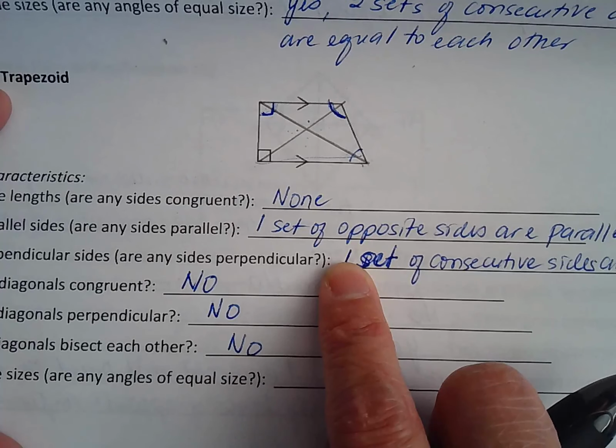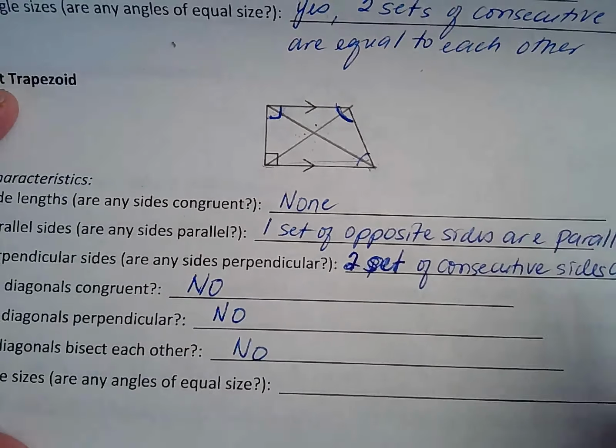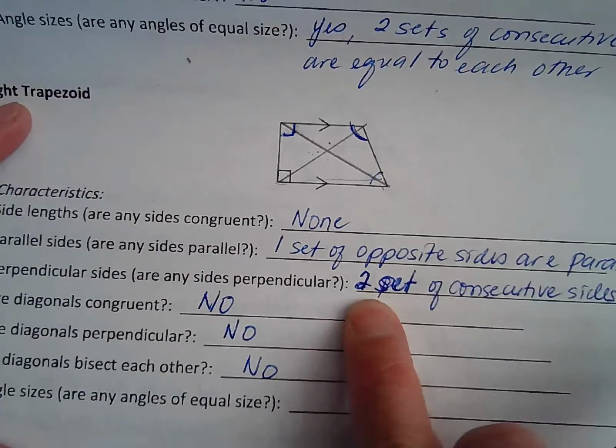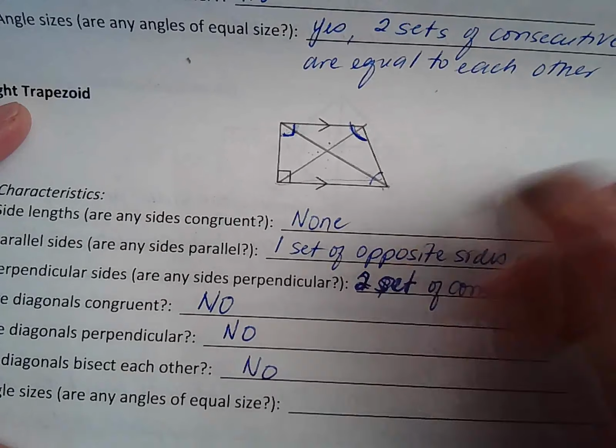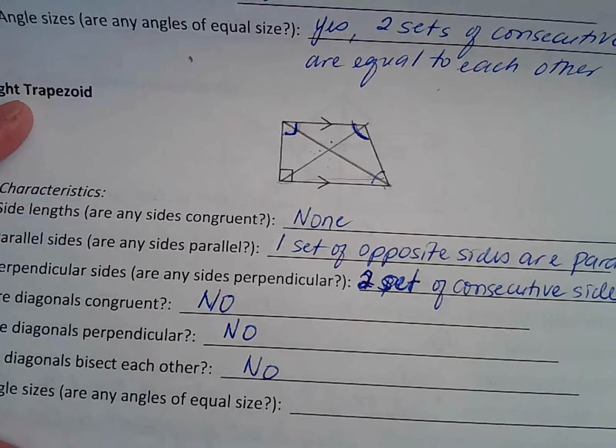So this one should be two 90-degree angles. So right there and right there. So let's fix that one. So 90-degree there, 90-degree there.